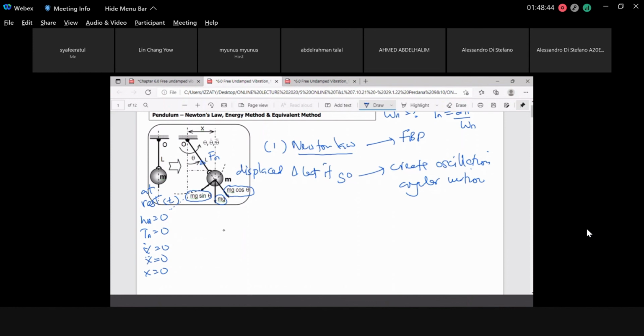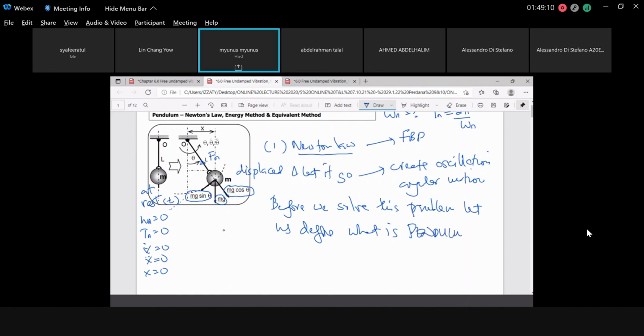Before we do this one, I also want you to know what the pendulum is. Before we solve this problem, let us define what a pendulum is.